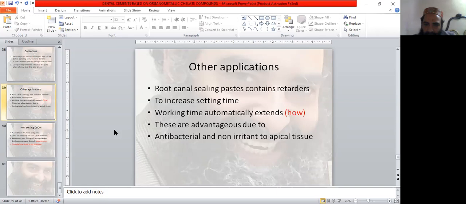When retarders are incorporated, setting time is increased, and working time automatically extends.